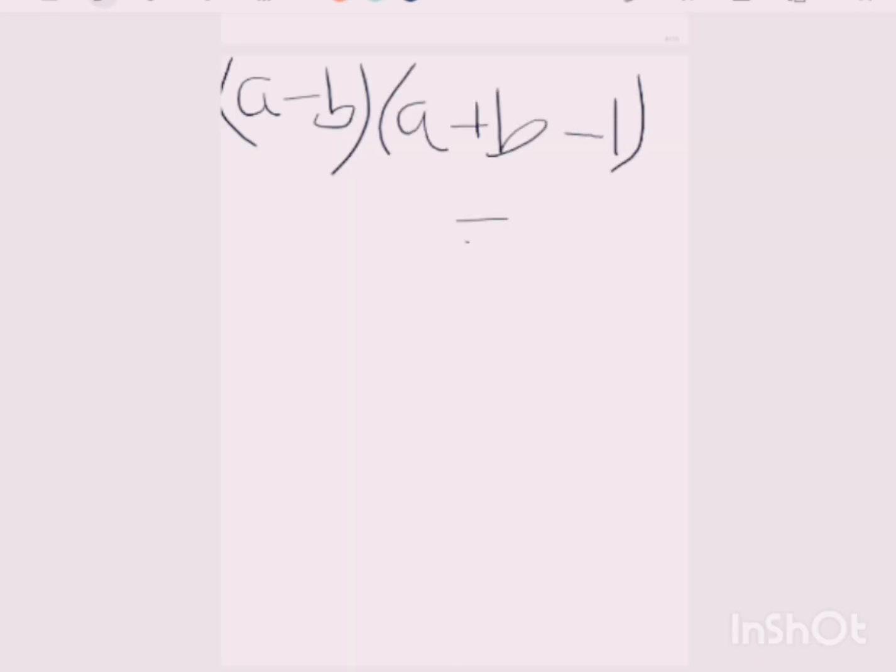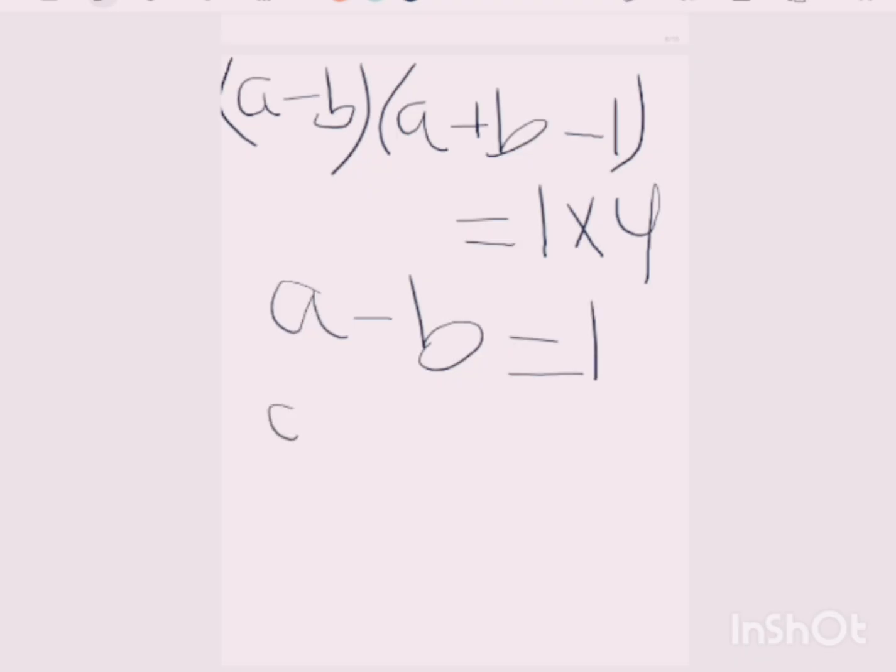Now our next possibility is (a − b)(a + b − 1) equal to 1 into 4. So a − b will be equal to 1 and a + b will be equal to 5.